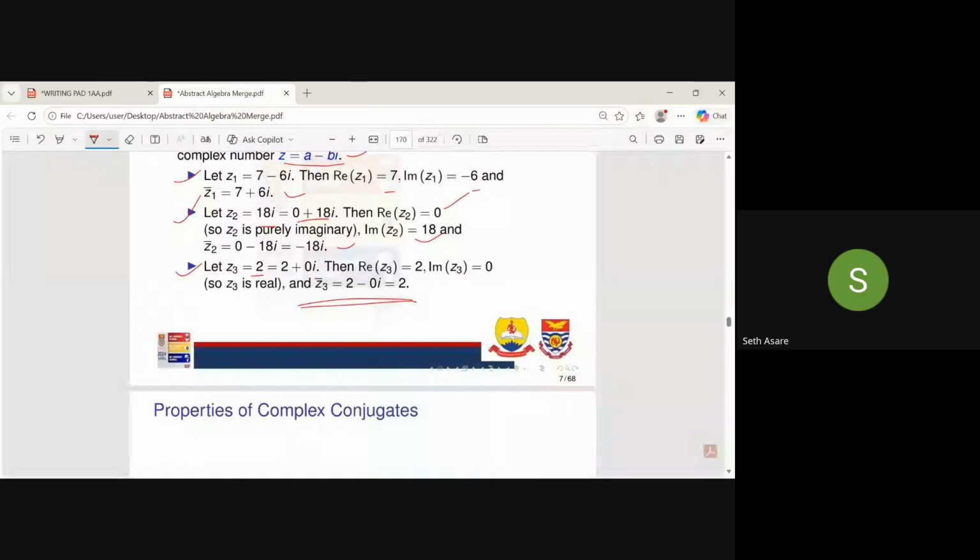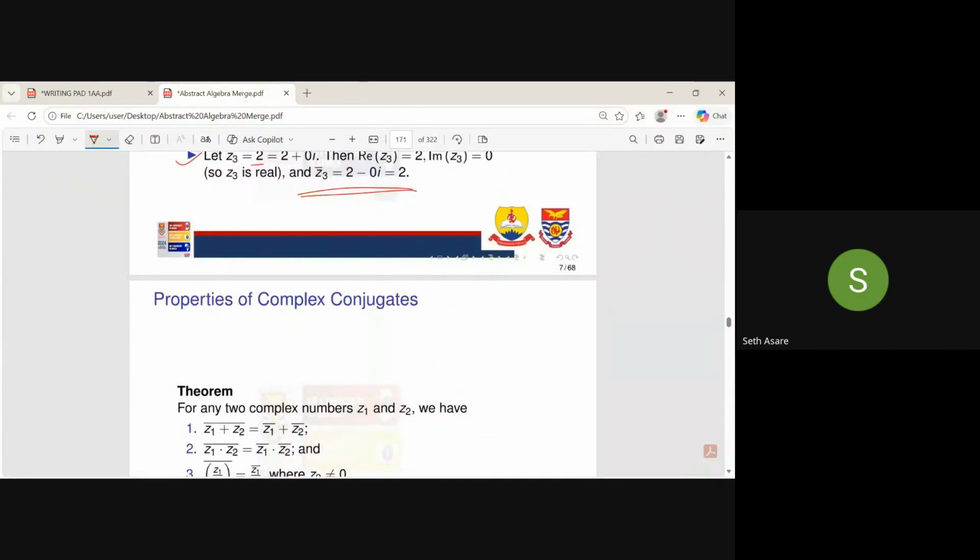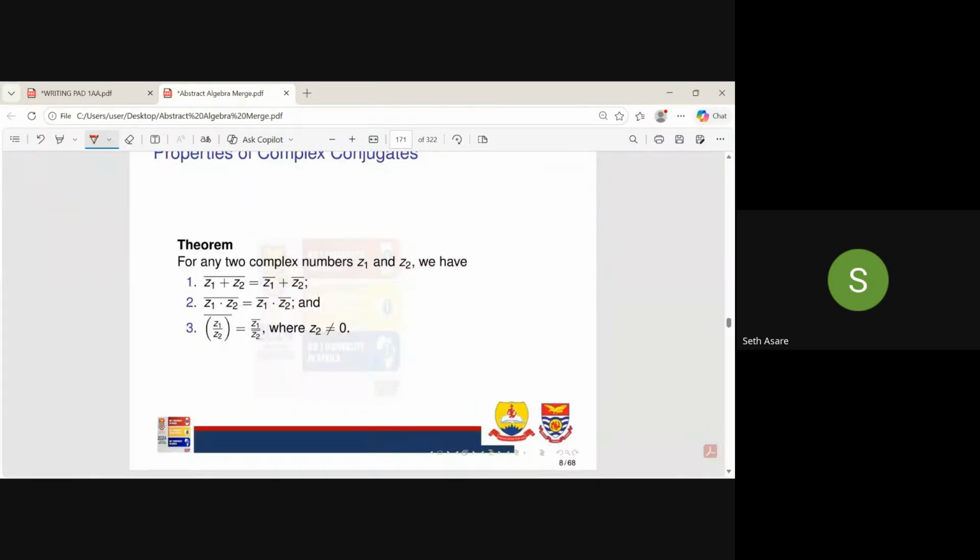All right. Now let's consider some properties of complex conjugates. We are saying that when we add two complex numbers together and we find the combined conjugate, it's equal to finding the conjugate of the first one and also the second one, and then summing them up. It is the same answer.